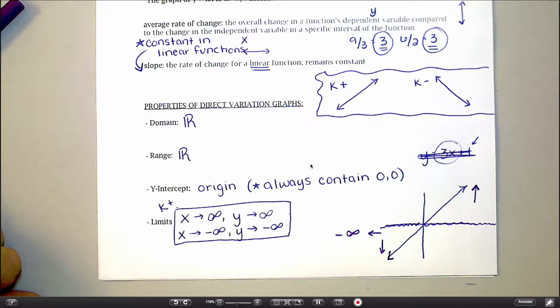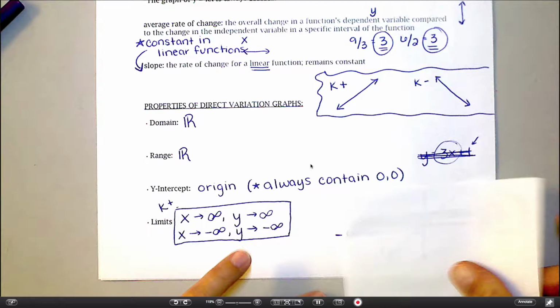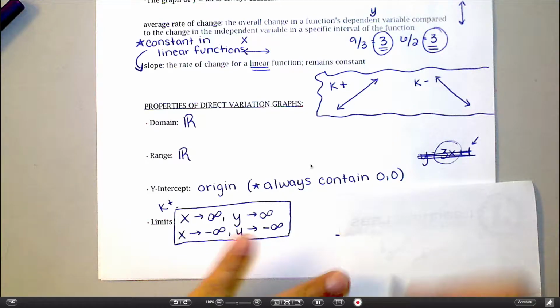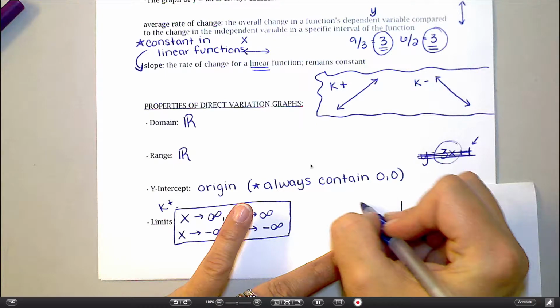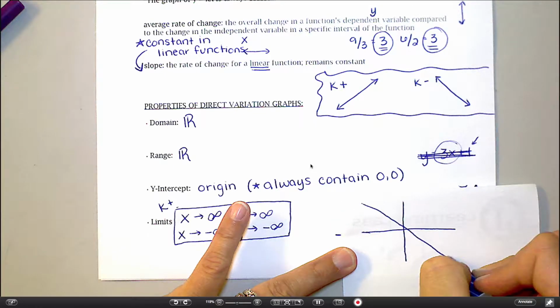Now these are specific to when k is positive. Something a little different is going to happen when k is negative. For the sake of what we're doing here, I'm going to cover this up and draw myself a new graph, but this time I'm going to make the k value be negative. So I'm going to make the graph go this way. Pretend that goes through the origin.